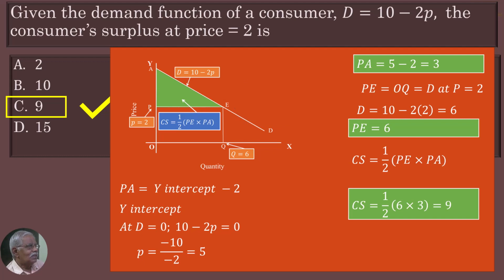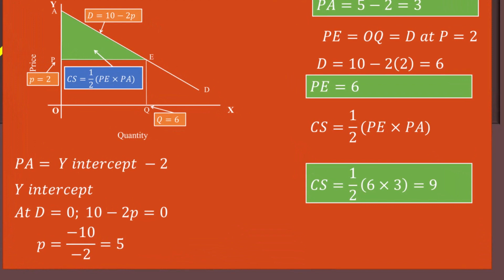Okay, we shall go ahead with that. We know the value of OP. OA minus OP will give the value of PA. For this, we must know the value of A, that is the y-intercept. Put D equal to 0. Solve the function. P equal to 5.